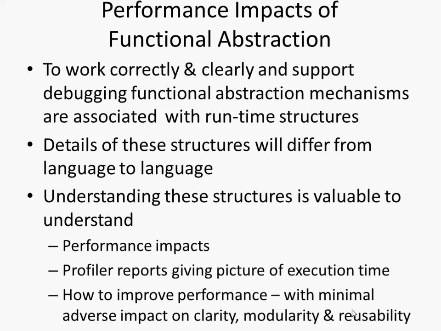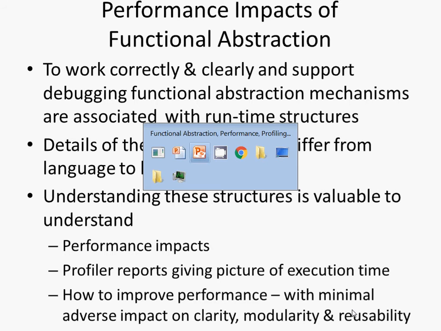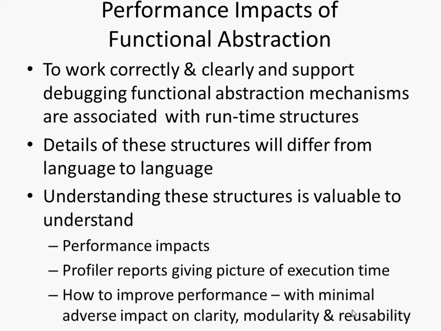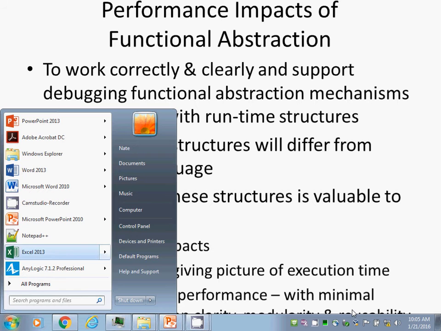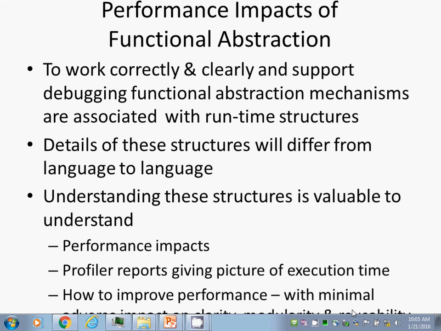Okay. So here, we're going to be talking about some elements that also get into compiler issues, language engineering issues. So how does functional abstraction work? I mean, we've been describing it. Let's go call up some code. Let's go back to Notepad++ here.